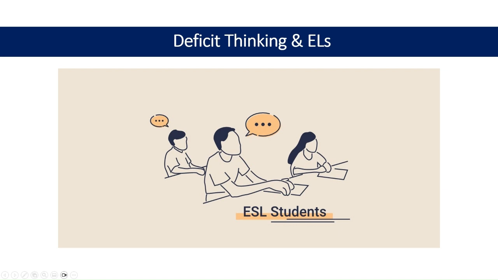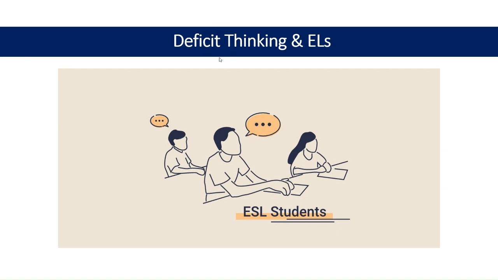Now, before we move forward, I would like to briefly highlight the historical presence of deficit thinking in the education of English learners. Deficit thinking refers to the assumption that students struggle in school because of internal shortcomings, like limited ability or insufficient family support.